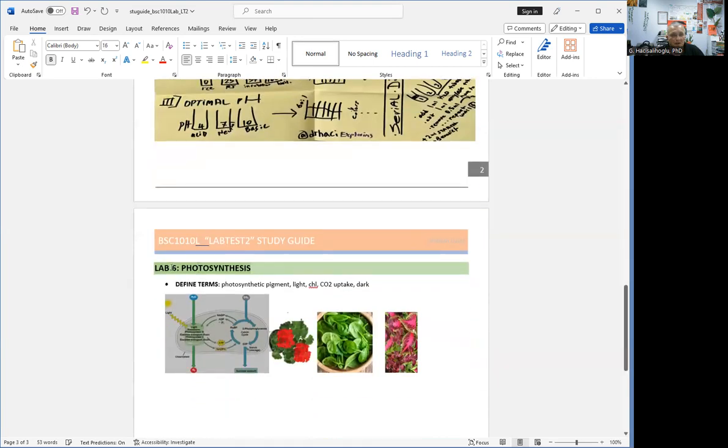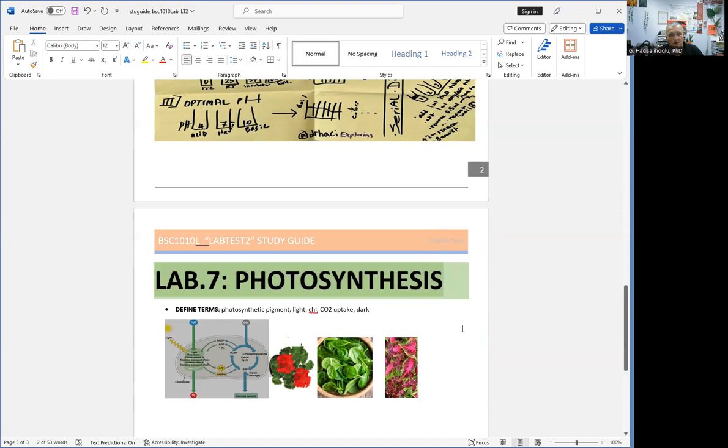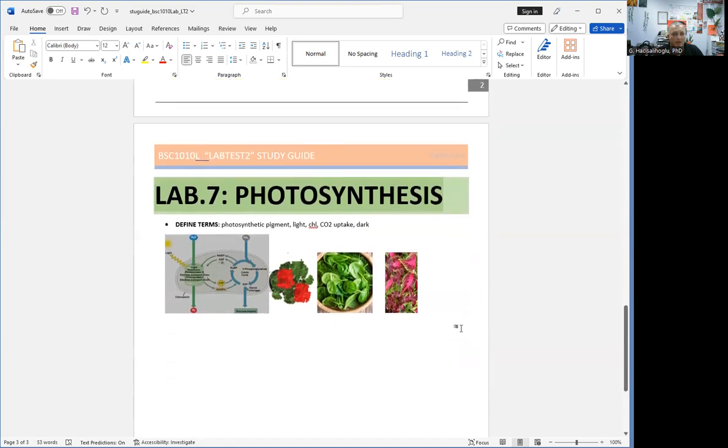Lab number 7 is photosynthesis, and we did a number of experiments testing photosynthesis. Remember the photosynthesis formula. We can measure a number of things in that formula, including CO2, oxygen, chlorophyll, light, and some others. Photosynthesis is made of light reactions and dark reactions.